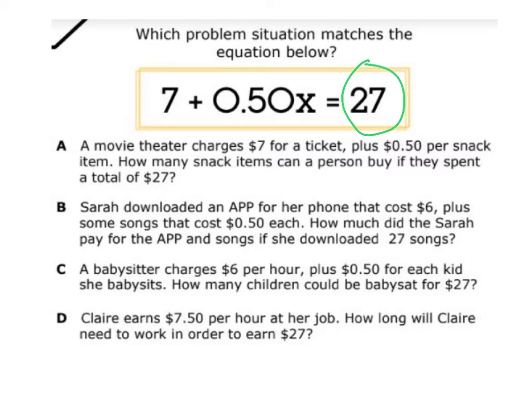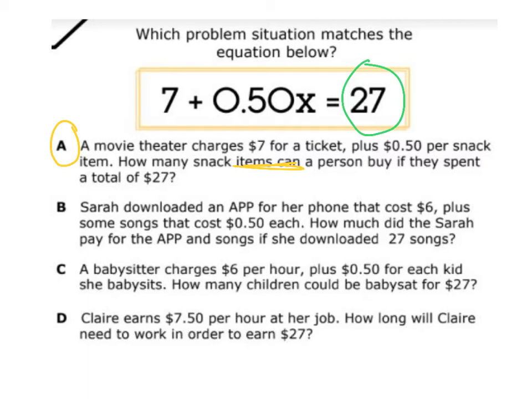How many snack items can a person buy if they spend a total of 27? Well, if we look at this, the total is 27, so the first part works. Are we adding or subtracting by 7? Yes, that is our constant. It charges a one-time, you only pay for one ticket for yourself, and then it is 50 cents per snack. So right here, answer A would work.